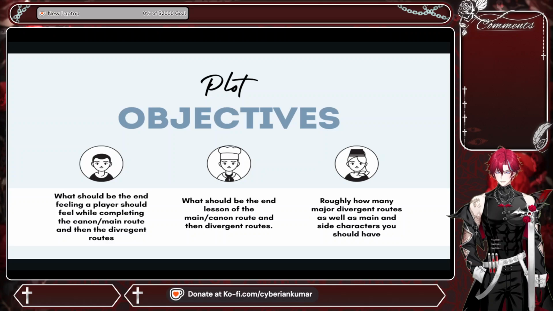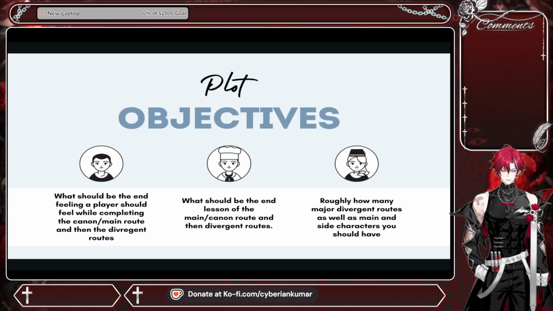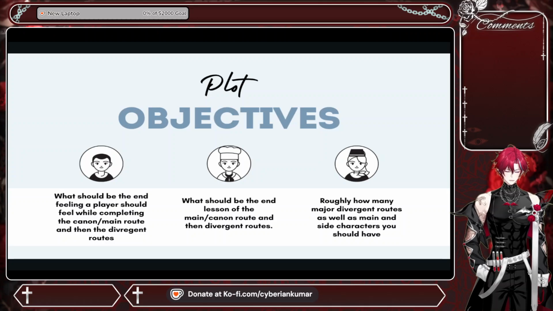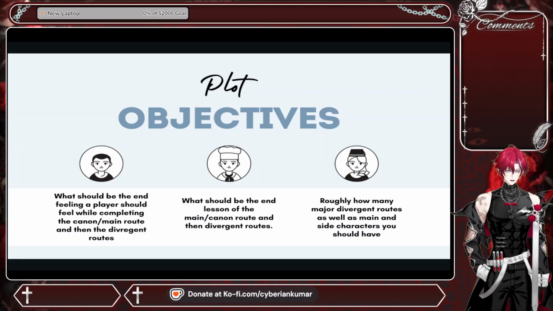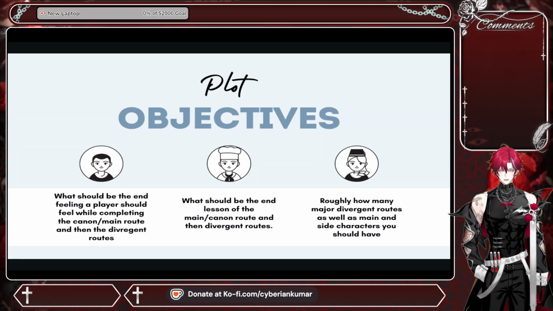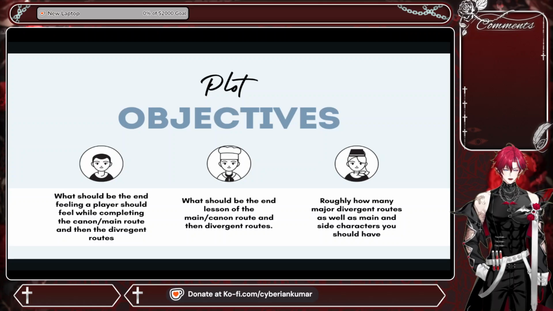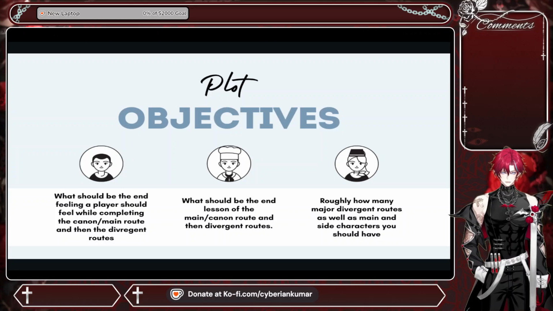That should happen in the canon route. And when you diverge from the main route into the other routes, each should have another moral lesson or lesson of wisdom that a player should learn.